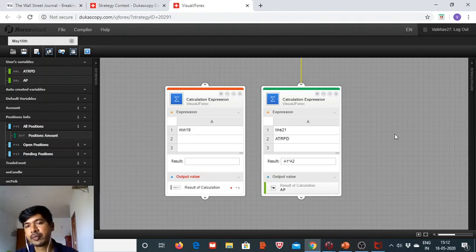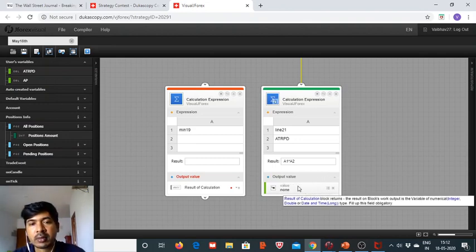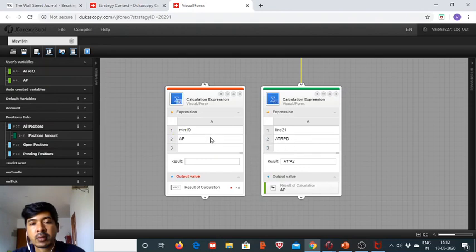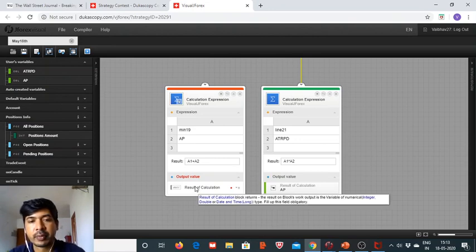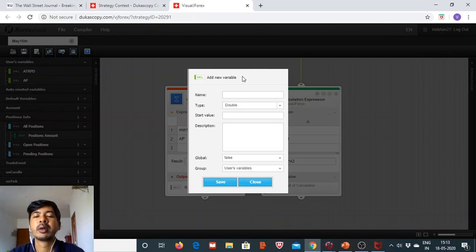So here in minima we will need to add this, A1 plus A2, and it will be the buy execution point.